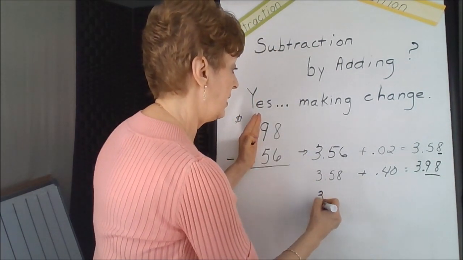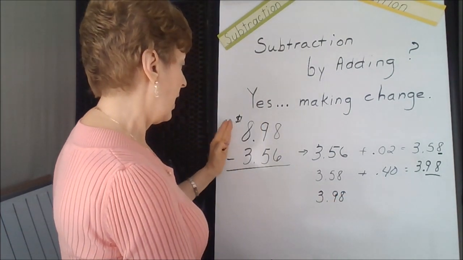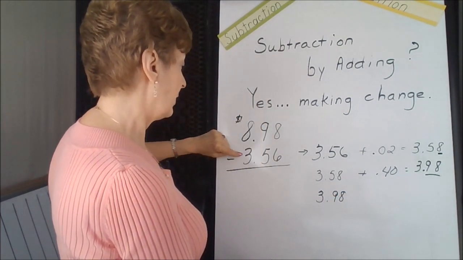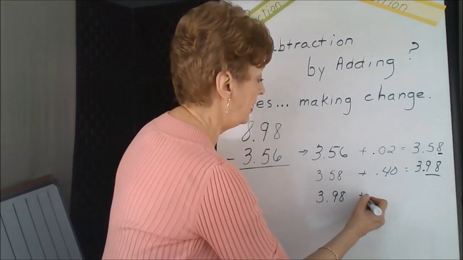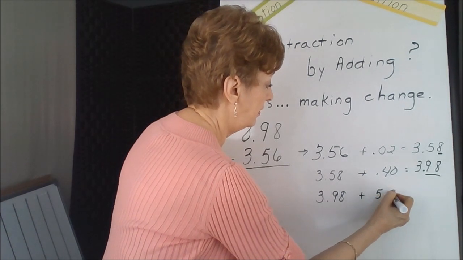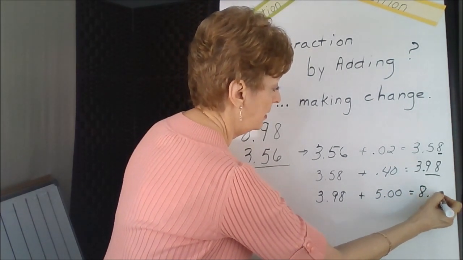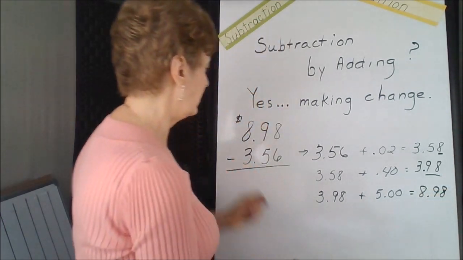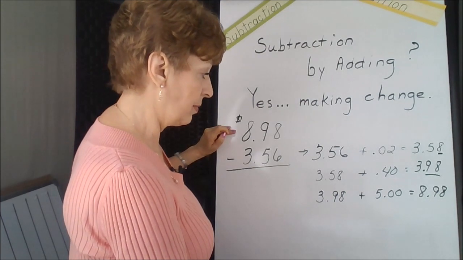Now let's see what we can do about the dollars. How do I get from $3 to $8? Well, that would be $5 that I would need for that, which would make this $8.98. Exactly what I have as my top number here in my subtraction problem.